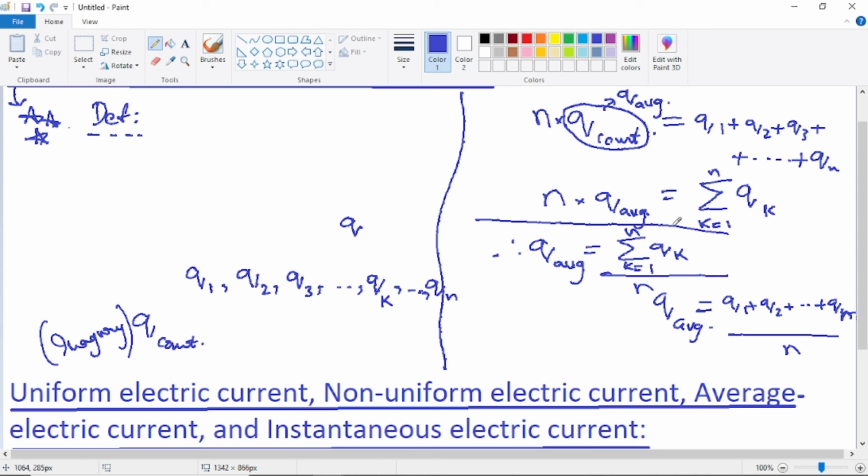This is the final, very useful form of the expression for the average of n values, q1, q2, q3 and so on up to qn: the sum of all the n values divided by the number of values n itself.